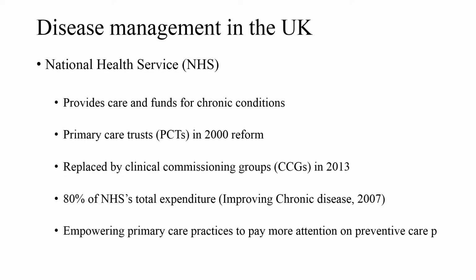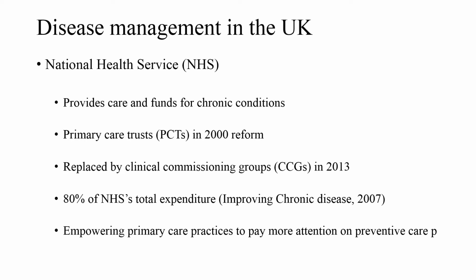The NHS was set up in 1948, and the responsibility for chronic conditions lies with PCTs, primary care trusts, which have now been replaced by clinical commissioning groups. These are locally geographically based organizations, like a bunch of general practitioners that get together and share information, which is good for the patient as well.